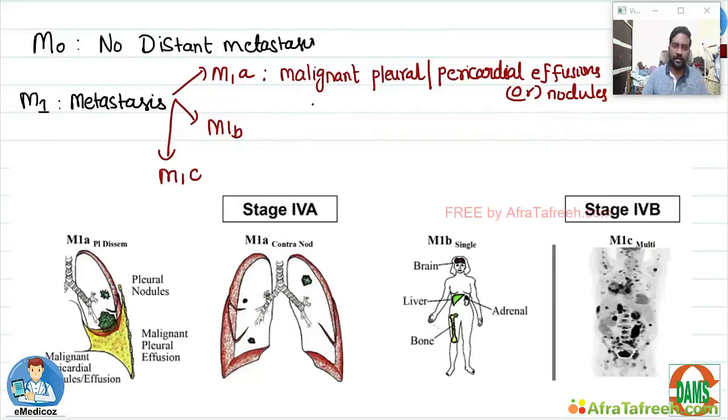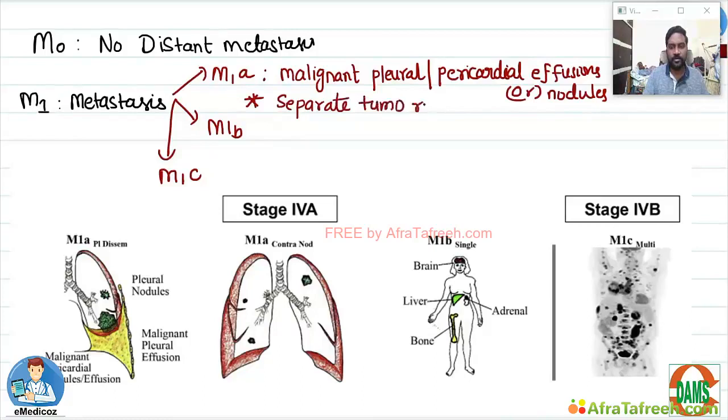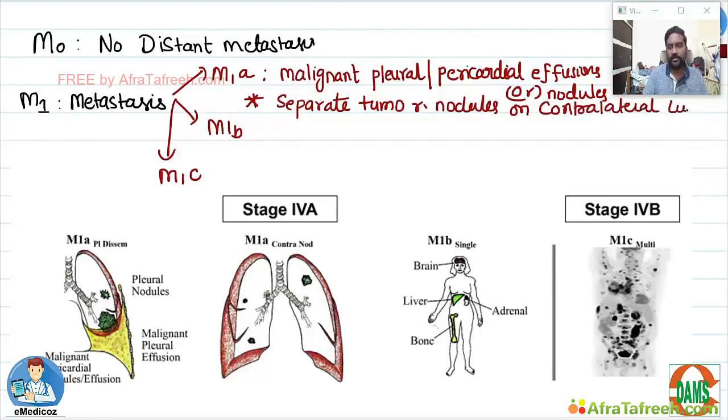Along with that, for M1A, the patient might be having separate or satellite tumor nodules on the contralateral lung. So for example, let this be the primary tumor.